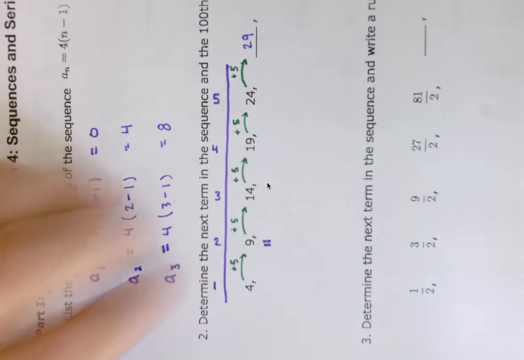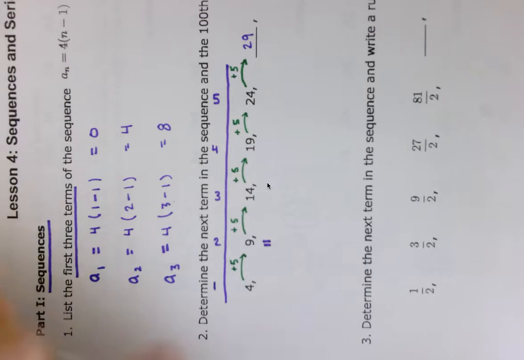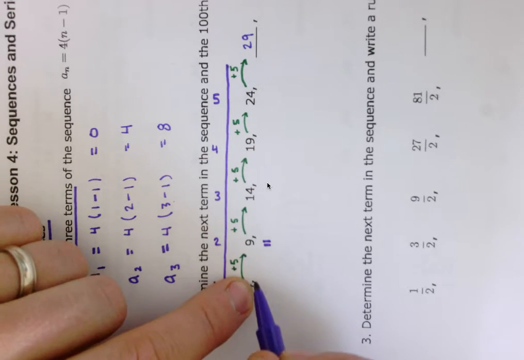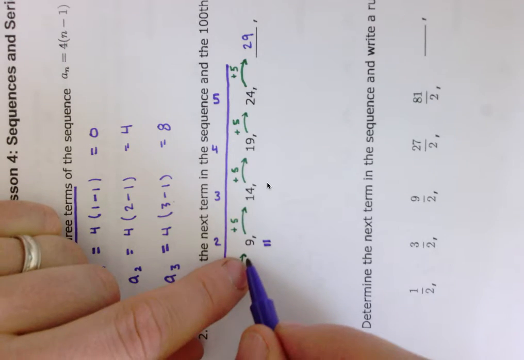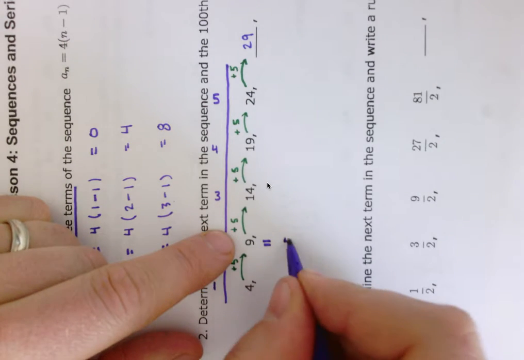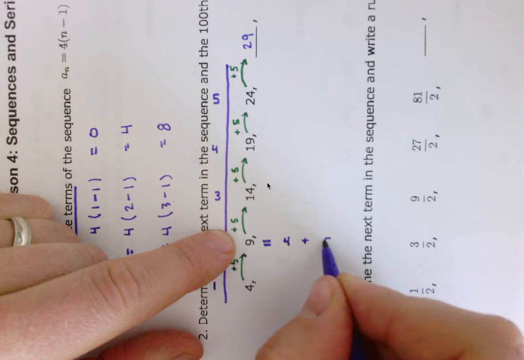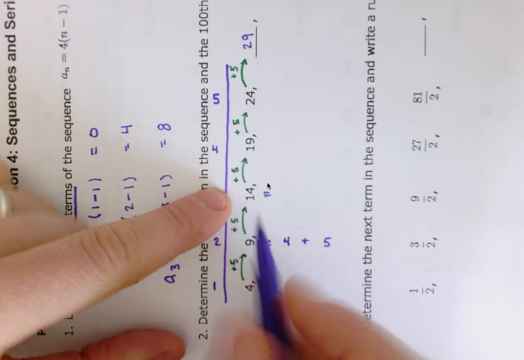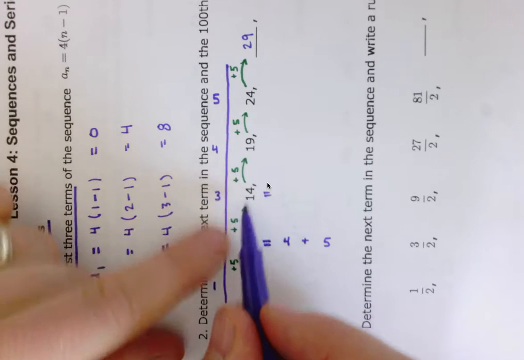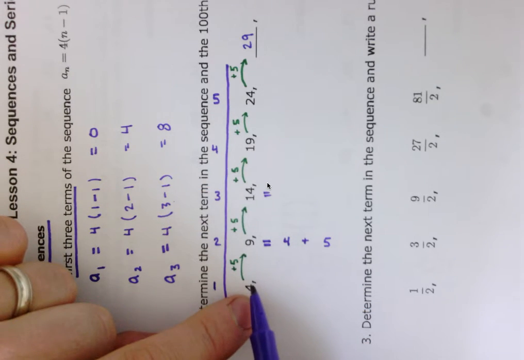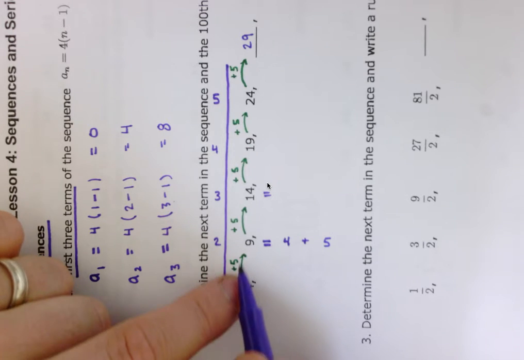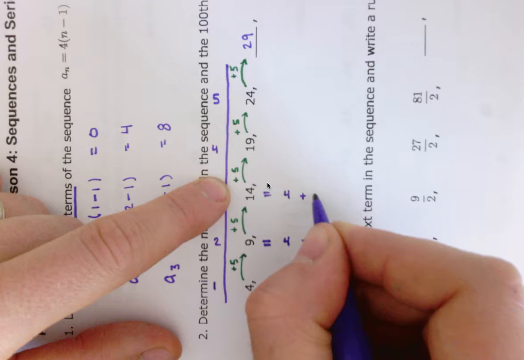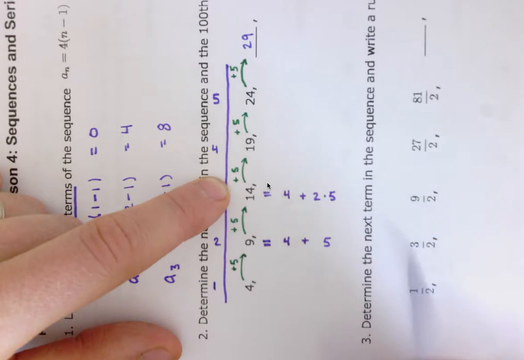And then I'm going to take this 9, and I'm going to rewrite it. Because what 9 really comes from is taking the 4 right here and adding the 5 to it. So this is 4 plus 5. And then let's go to the 14. The 14 is really the result of coming all the way back here, taking the 4 and adding 5 and then 5. So here we're taking 4 and we're adding to it 2 times 5.